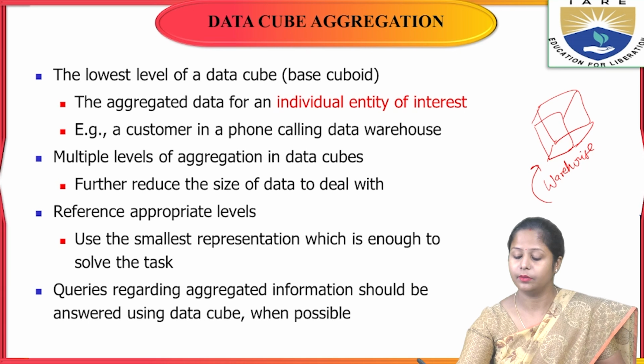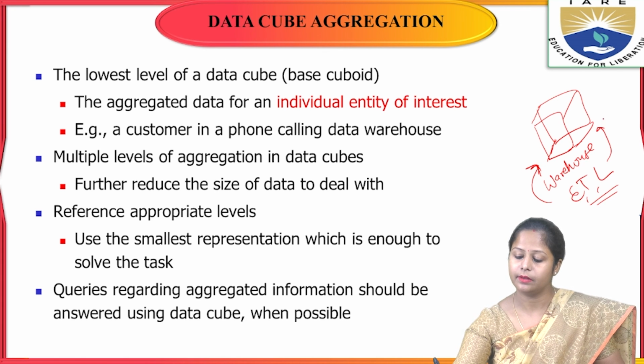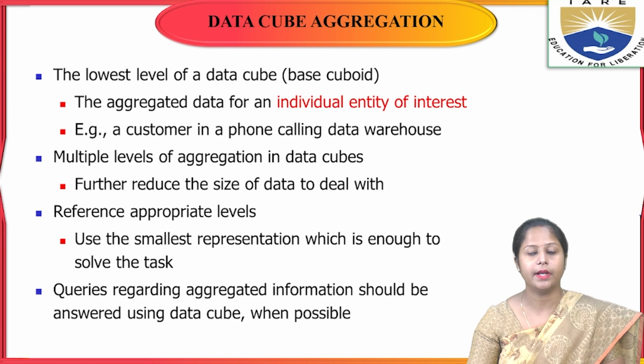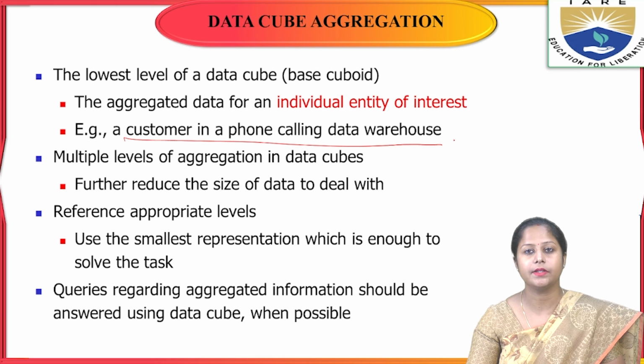To fetch that data there is a process called ETL, and we have to see that data in a data cube. The lowest level of the data cube is the aggregate data for any individual entity of interest, for example, a customer in a phone calling data warehouse.